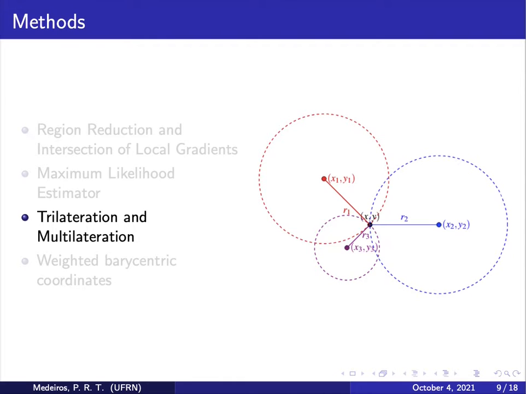In other words, there is an inversely proportional relationship between the radius of the circle and the detection value. These methods estimate the target position using the intersection between the circumferences. And for that, they need information about the distance between the foveas.